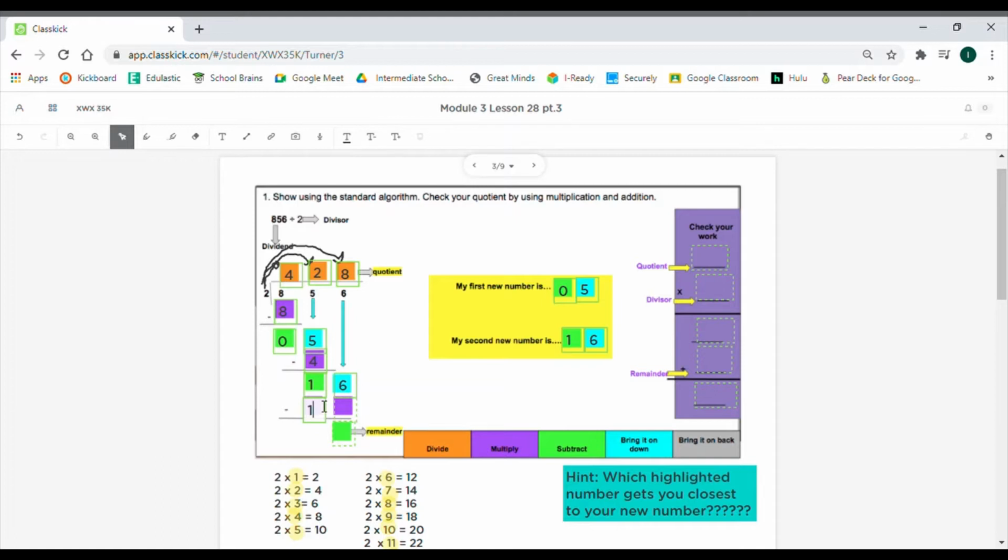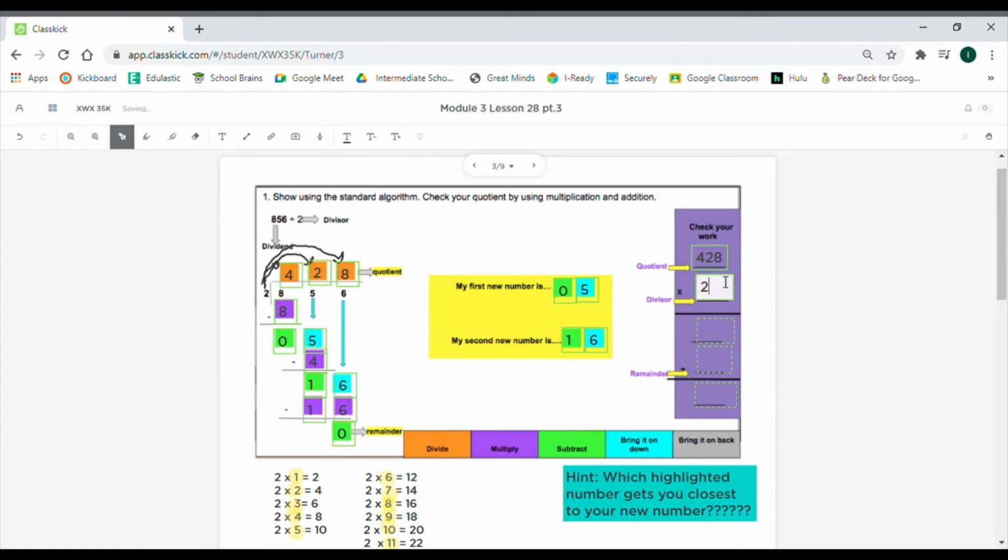Yeah, 16. Let's fill that in our multiply box. And our last step is to subtract. 16 minus 16, what's my difference? Yeah, absolutely, 0.